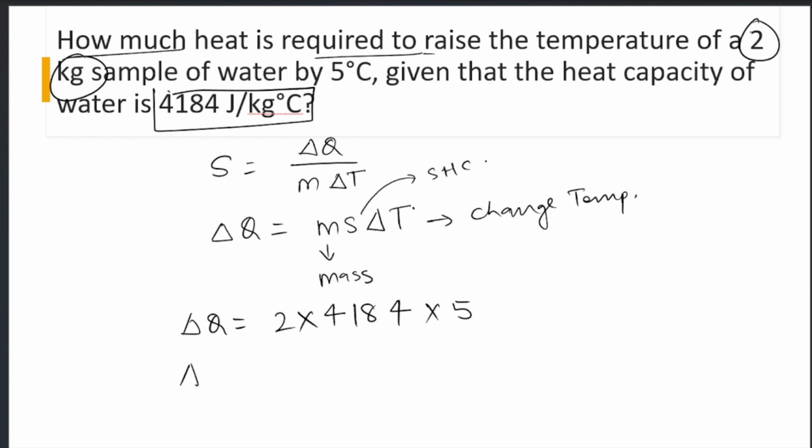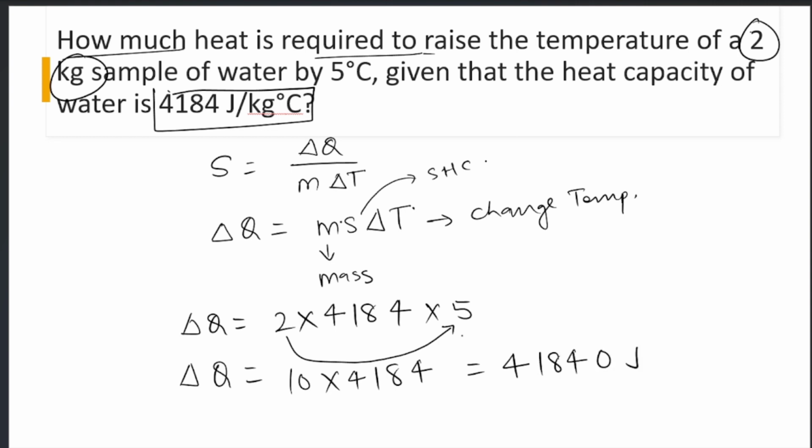So if we multiply this, let me do the simple calculation. If we multiply 2 and 5, we will get 10. 10 into 4184, and if we multiply this, we will get 41,840 joule.